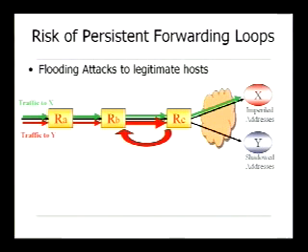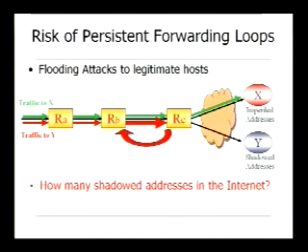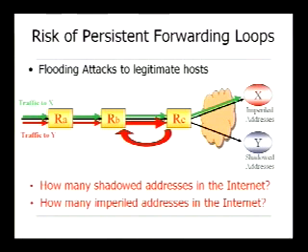We call this an impacted address. So our work wants to answer the question: in the internet, how many addresses are shadowed prefixes, and how many addresses will be impacted by the persistent forwarding loops?